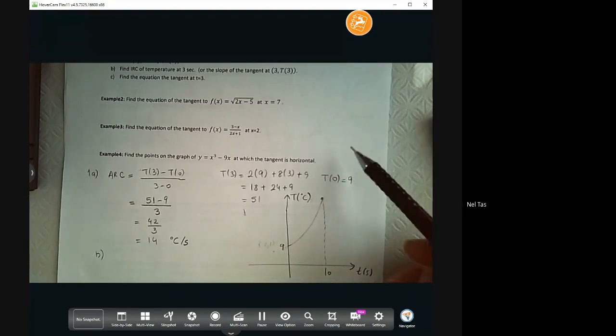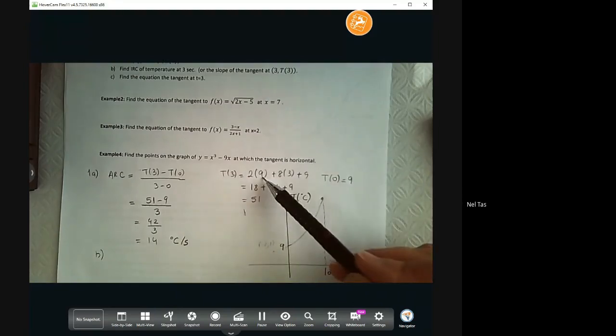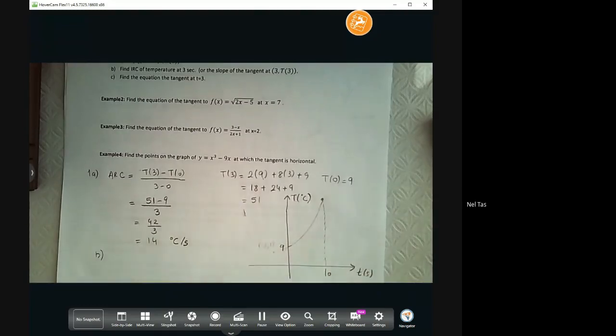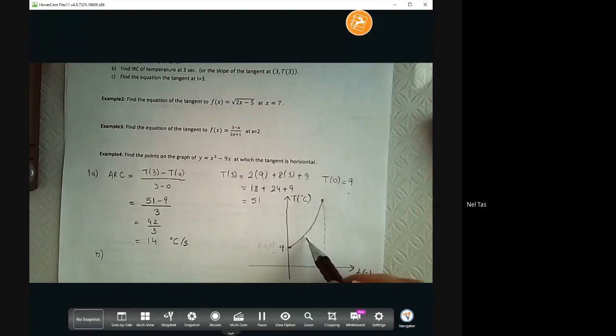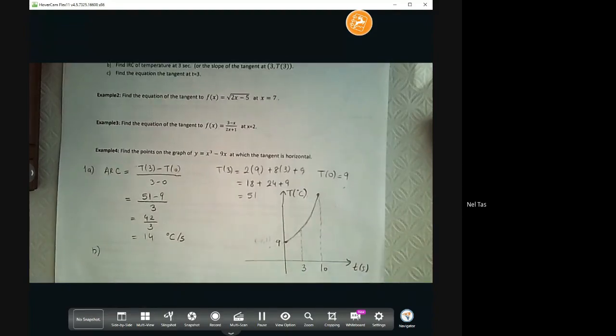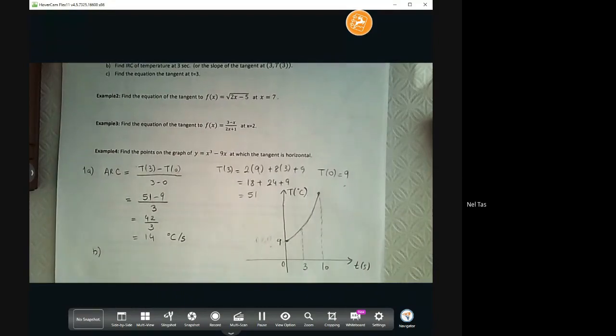For T of 3, why didn't we square it? 2 times 9: I squared 3, which is 9. So what did we do so far? This is 3, and 0 is here, of course, the origin.